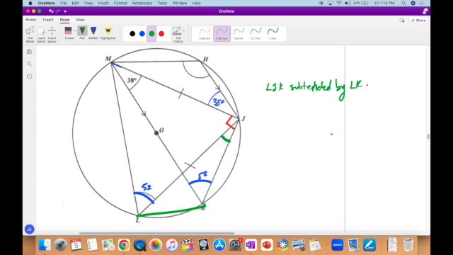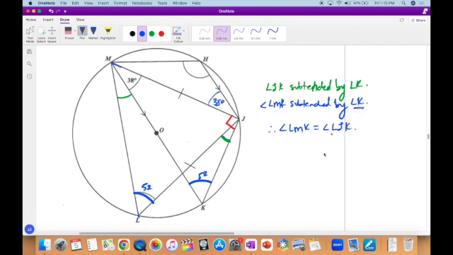Notice that this angle is also subtended by LK. So LK subtends that angle, the angle LMK. LMK is subtended by LK. Therefore, the angle LMK will be equal to the angle LJK because they are both subtended by LK.